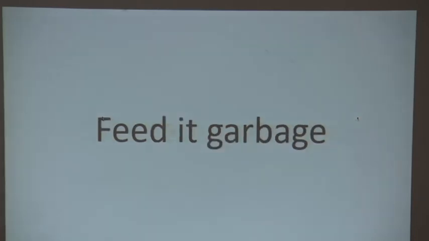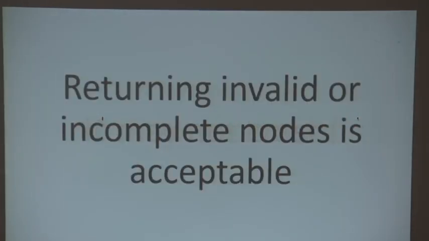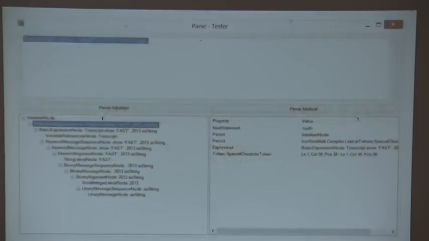Write unit tests. Feed it garbage. It has to be robust. It may not crash. And returning invalid or incomplete nodes is acceptable in this case. At a later point, you can say this cannot compile to a method, but at least the parser should not crash. And write a test app to exercise this. This is what I did, at least so I can inspect that my stuff is working.